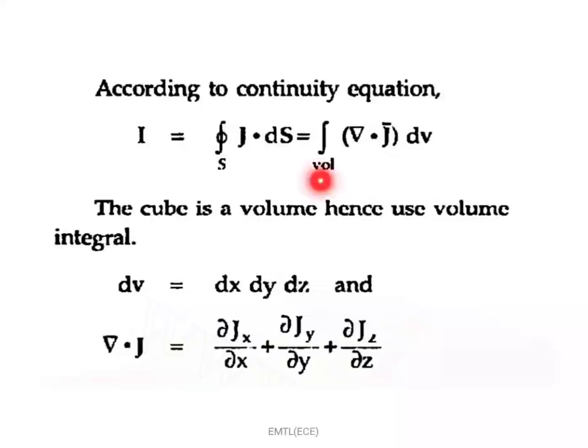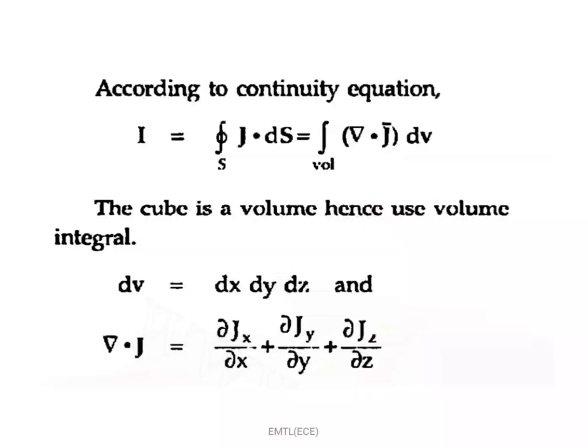Because here the conductor is a cube, so it is an example of a volume charge distribution. That's why the surface expression is converted into a volume expression. So I for a cube is found with the help of the continuity equation, that is integral del dot J dV.